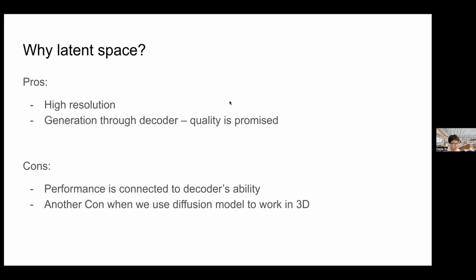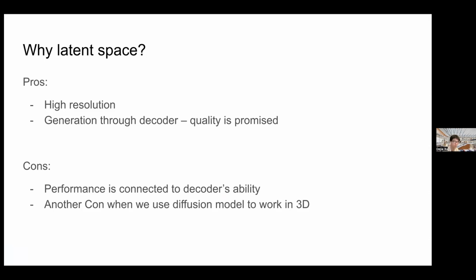You might be curious why we want to use this latent space diffusion, since it is slightly different from pixel space that we are already familiar with. So here are some pros and cons for the latent space diffusion. The first big advantage is that latent space diffusion can work with very high resolution, because the encoder and decoder we're using are actually performing 8 times downsampling. So consider we want to generate an image of 512 resolution.